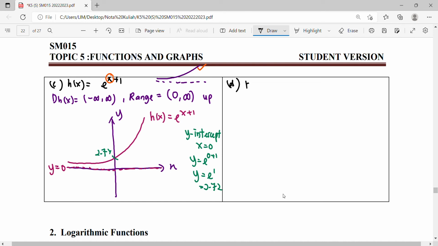So lastly, k(x) will be equal to negative e^(2x) plus 1.